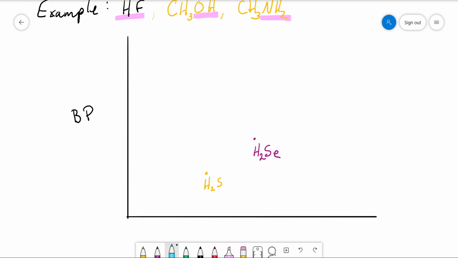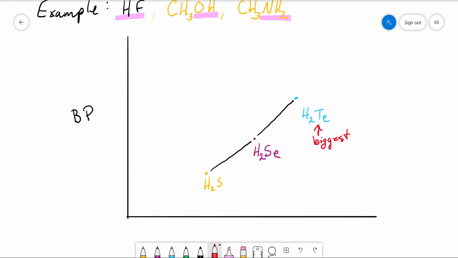Now we plot H2Te. Why Te? Well, Te is right below Se. So we have this nice trend. Te is the biggest of the three, highest molar mass, so it has the highest boiling point.